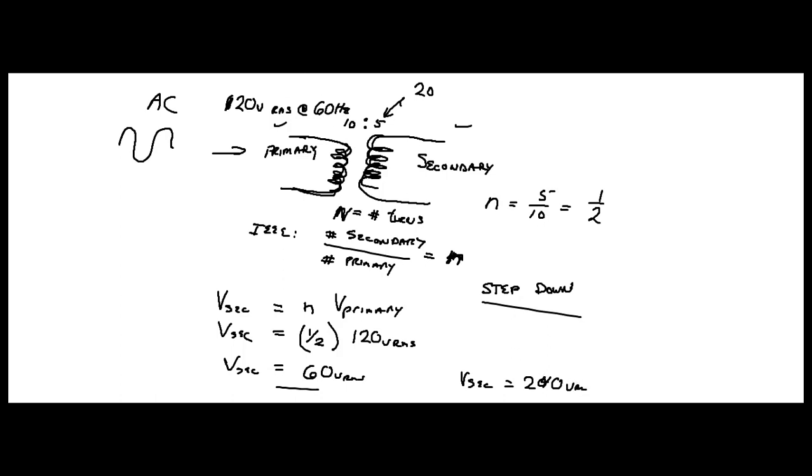All right? Let me just rewrite that neatly for you. I'm sorry. I get too excited when I'm writing, and anyway, you can see my writing gets bad. 240. In this case right here, your voltage went from 120 to 240. This would be called a step up transformer. All right?